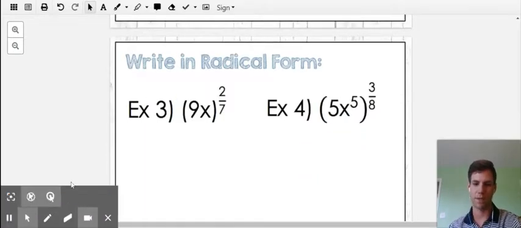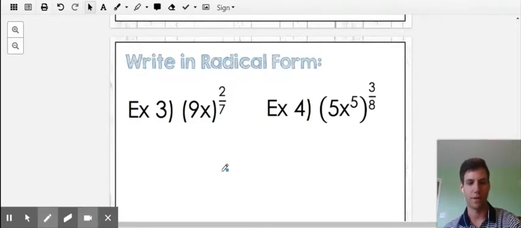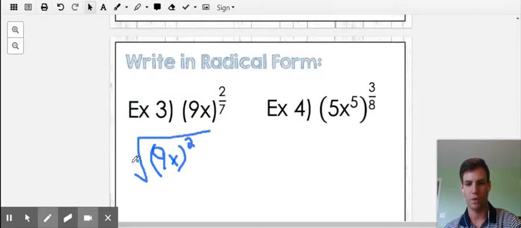And we have 2 more examples of turning it into radical form to practice. So now, because we have all this stuff going on, let's do the opposite of what I said before so I can demonstrate this. So now we have 9x in parentheses, and you're raising it to the numerator power, and you can do a 7th root for that answer.